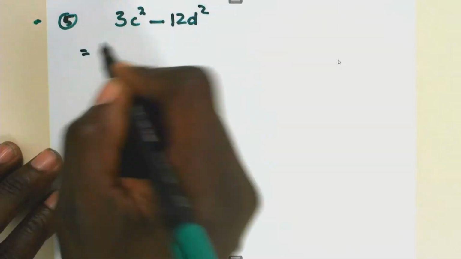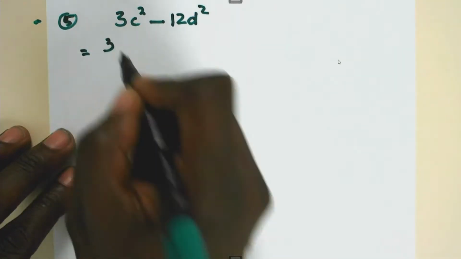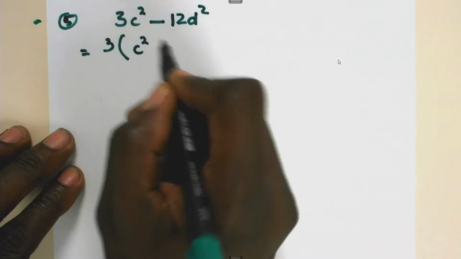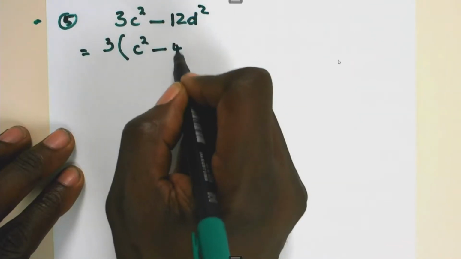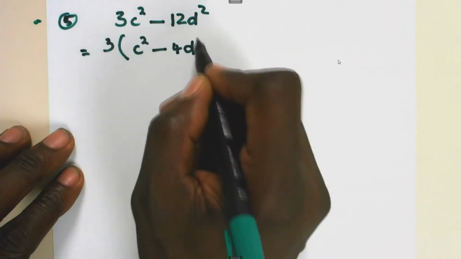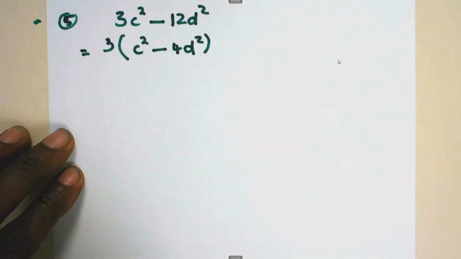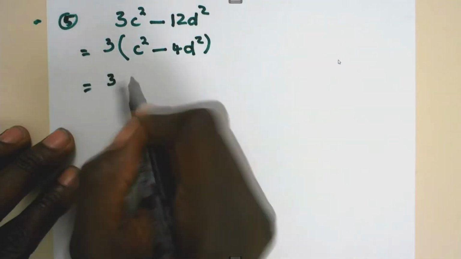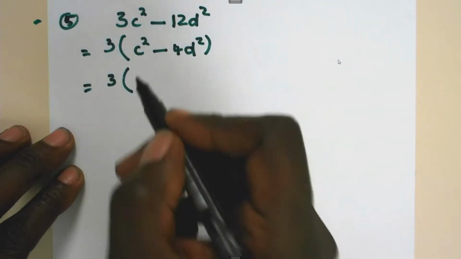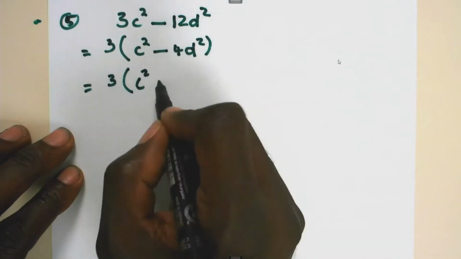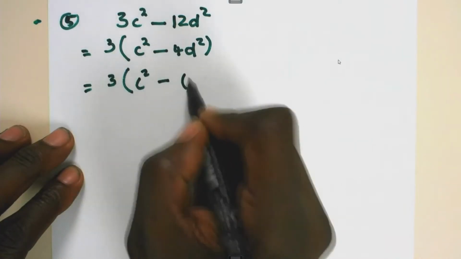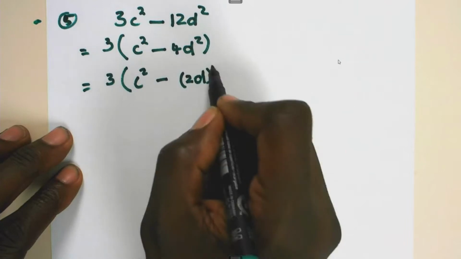So here we take out a common factor, which is 3. We'll have 3 into c squared minus 4d squared. Now this is the same as 3 into c squared minus 2d squared.